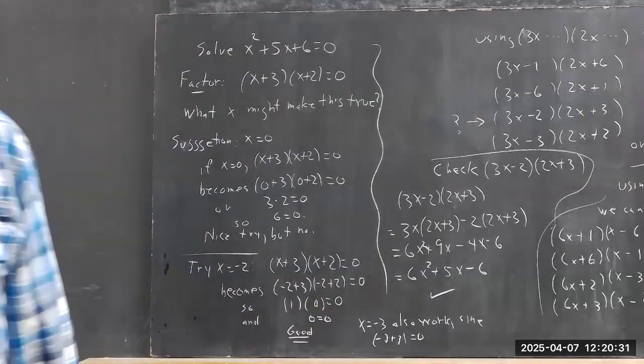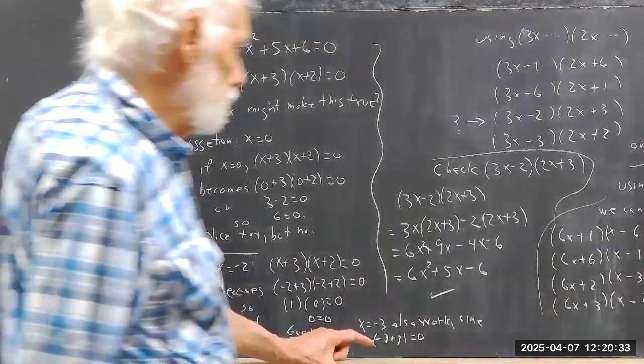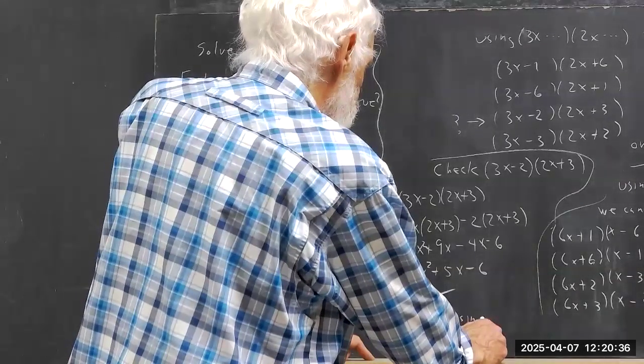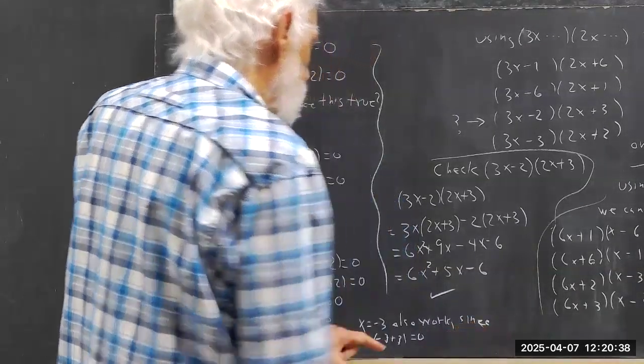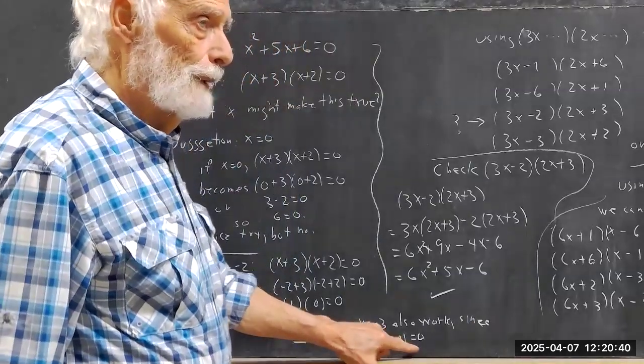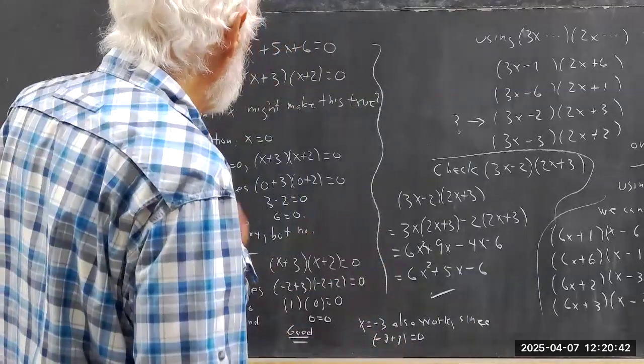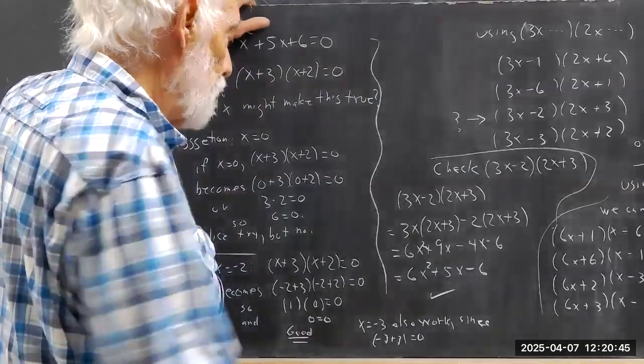I'm saying down here is x equals negative 3 also works, since negative 3 plus 3 equals 0. That might be a little hard to read. I had to go loud enough.